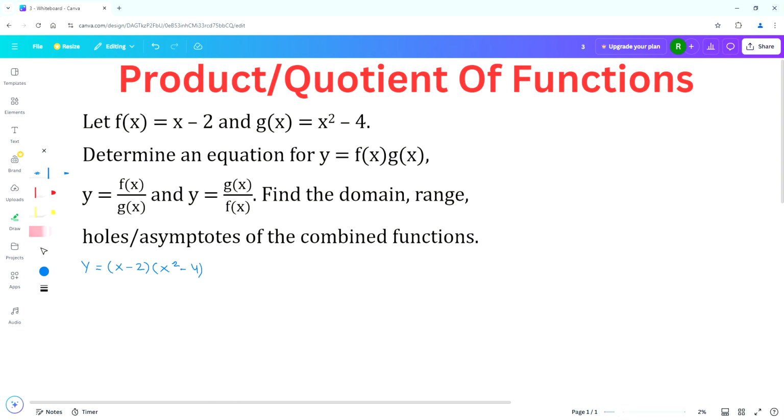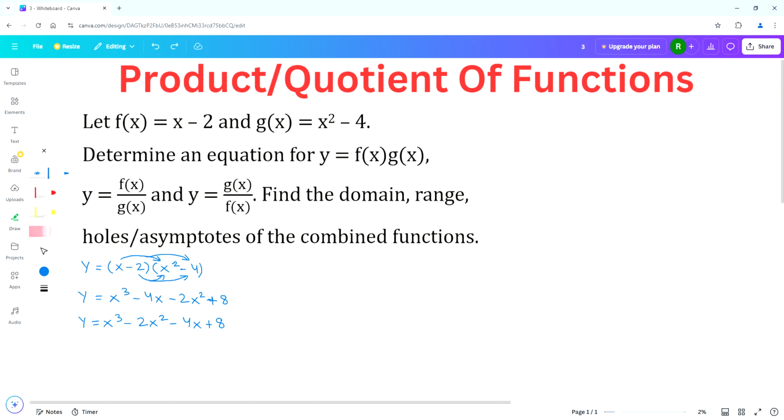We can use the FOIL method. We can rearrange the terms. This should be the final answer for the equation of y = f(x) times g(x).